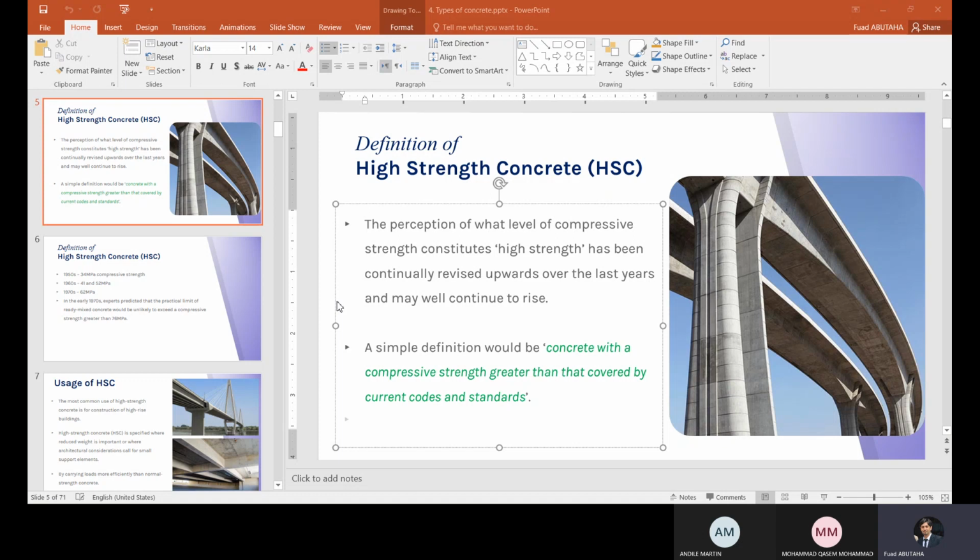Do you have any idea how water cement ratio can affect the strength of concrete? Then we will move to the aggregate again, but we will start with the most important factor, water cement ratio or the water content. How can the water content or water cement ratio affect the strength of the concrete?